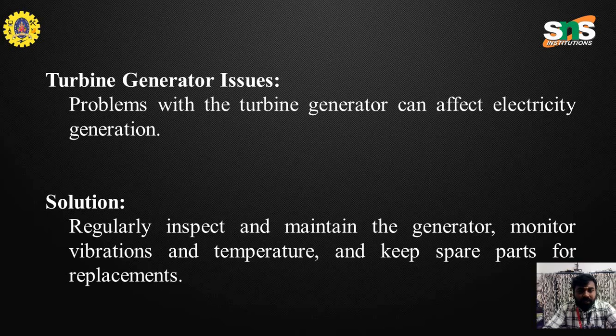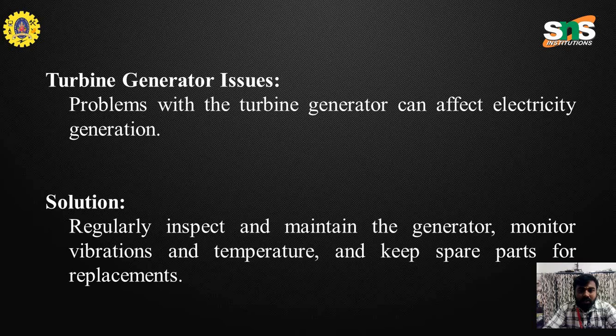Another problem is the turbine generator issue. The turbine is the device which converts heat energy into mechanical energy. Problems with the turbine or generator can affect the electricity generation. The generator consists of two parts: the stator and the rotor. The stator is the stationary part, and the rotor is the rotating part.